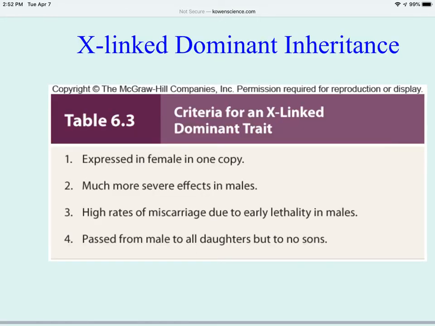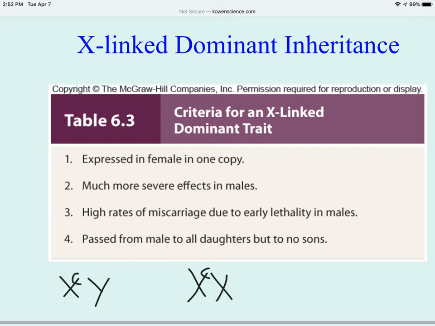Now, X-linked dominant inheritance is a little bit more rare. So on this one, if the male receives a trait, they're going to get it just like before. But on the female, because it is dominant, she only has to receive the trait from one parent, and then she would have the condition.